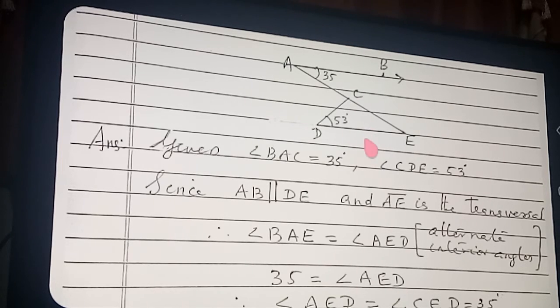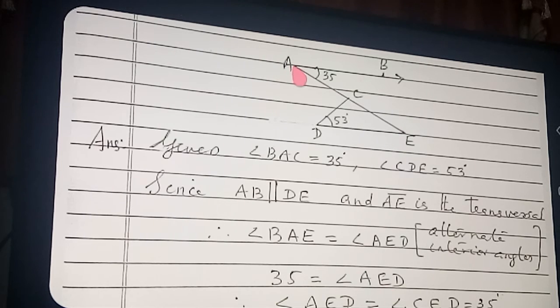AE is the transversal. Therefore, what can you say? Angle BAE and angle AED, what type of angles? Alternate interior angles. So BAE, just now I told you BAC is the same as BAE. So how much will BAE come? 35. The measure of angle BAE will be 35. That is equal to AED.